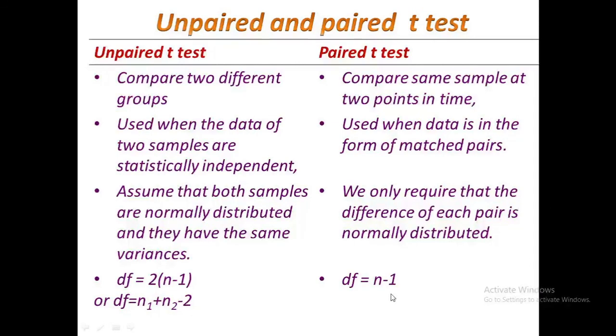However, if we have n matched pairs in case of a paired t-test, the actual sample size is n pairs, although we may have data from 2n different subjects. As discussed above, the paired t-test is in fact a one sample t-test, which makes its degree of freedom n-1 only.